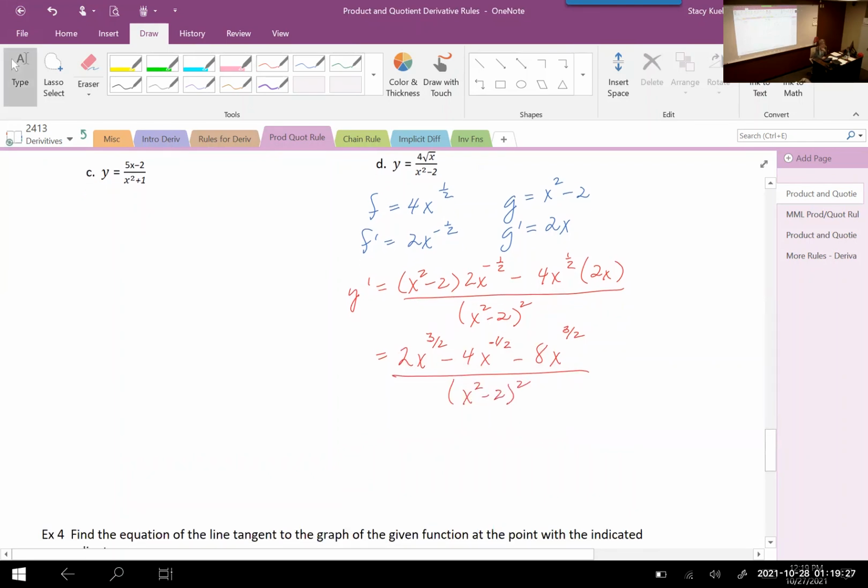So far, so good? Wait, why do you do 3x? Positive 3x? No, I meant the x squared minus 2 times 2x to the negative 1/2.